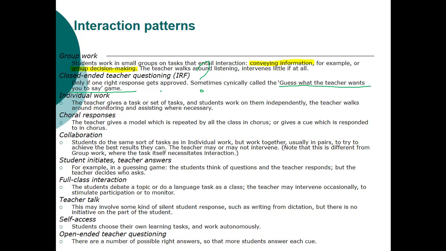You can redirect what you want the student to say. Example, if I ask, have you understood the topic? I want you to say yes. That's what you think, but what I really want you to tell me is no, I have some doubts about this and this.